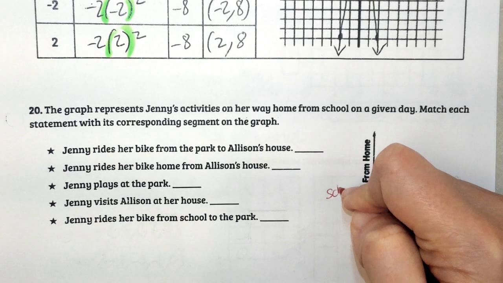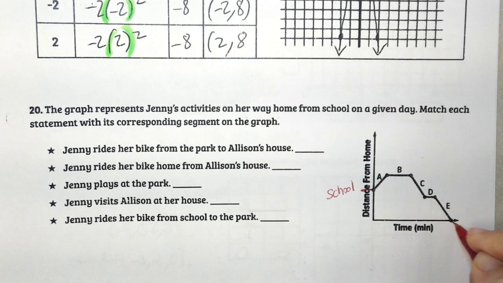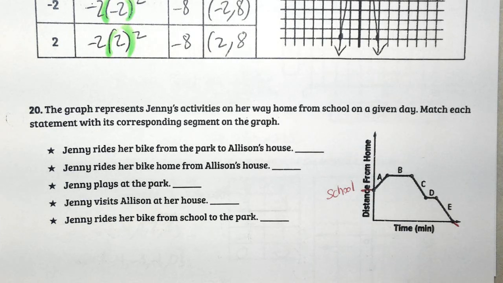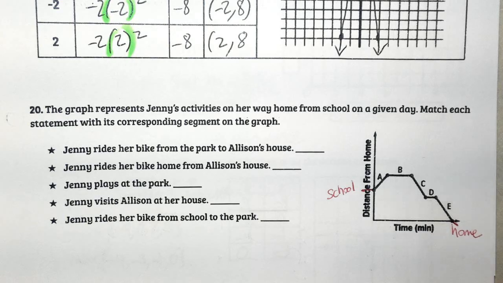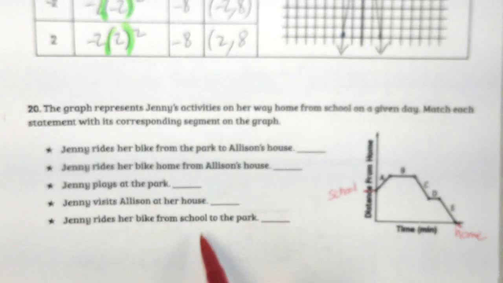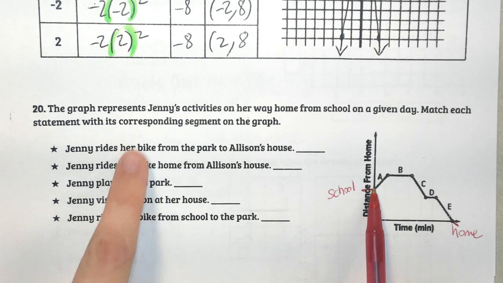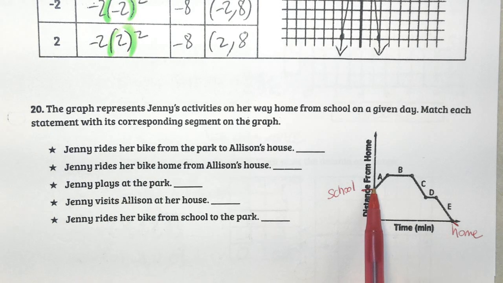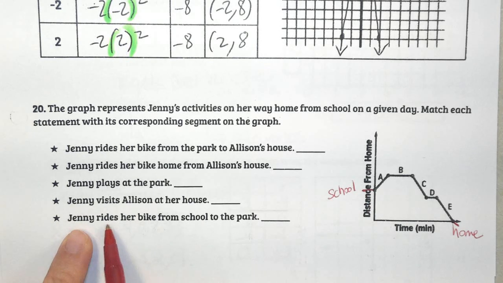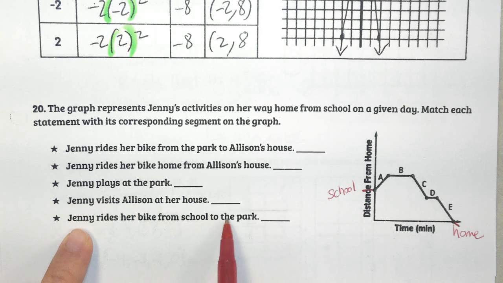And we're trying to get to where? Home. Good. All right, so that can kind of help us as we go through this. So if she's starting at school, which was the only sentence that had us starting at school? The last one. Jenny rides her bike from school to the park.